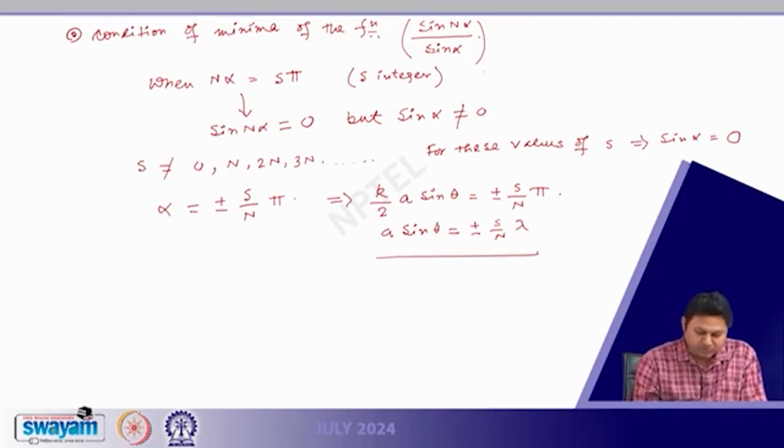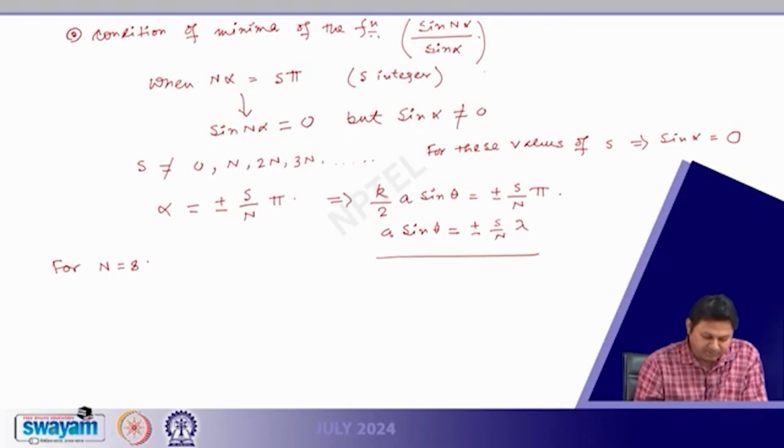Now, how will the function look? Suppose n equal to 8. N is 8 means s should be 1, 2, 3, 4, 5, 6 and 7.